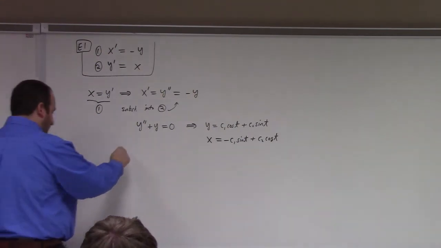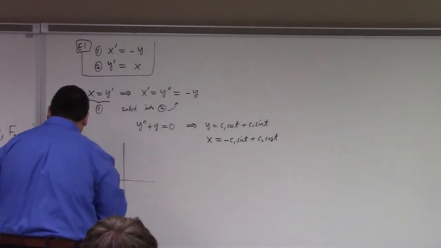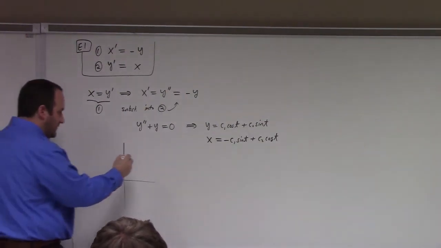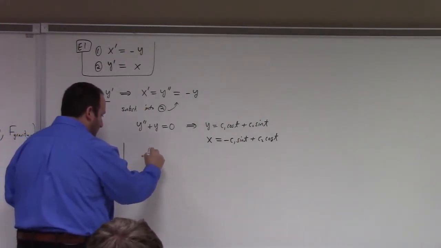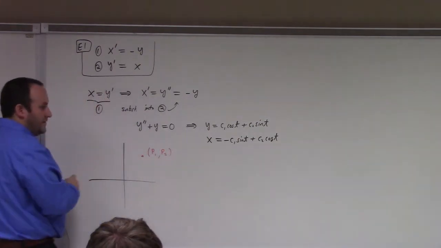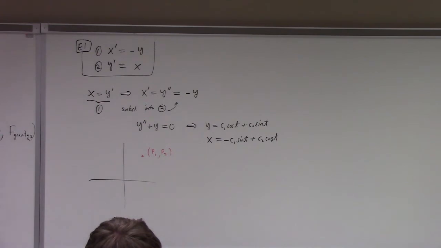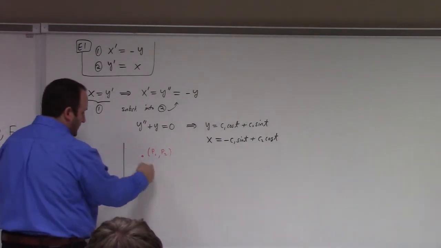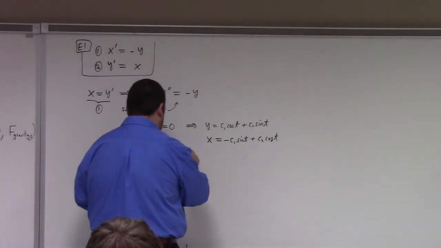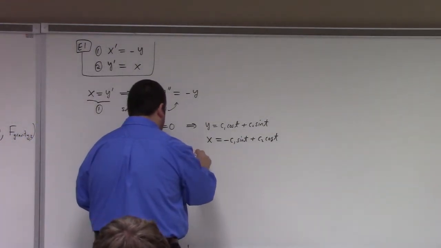And if you wanted to pick a point, say P1, P2, and find the solution that goes through P1, P2, say you want the point P1, P2 to be reached at time 0, for the sake of discussion, what C1 and C2 should you choose to find the solution that goes through here? So suppose that that's equal to x of 0, y of 0.